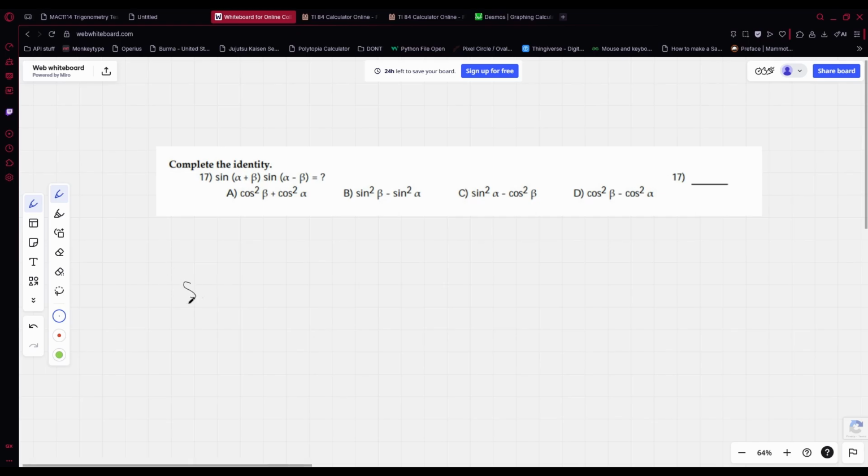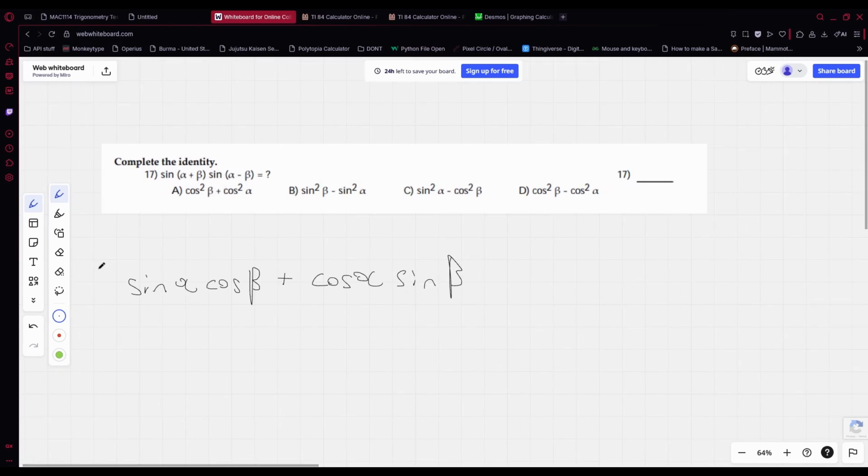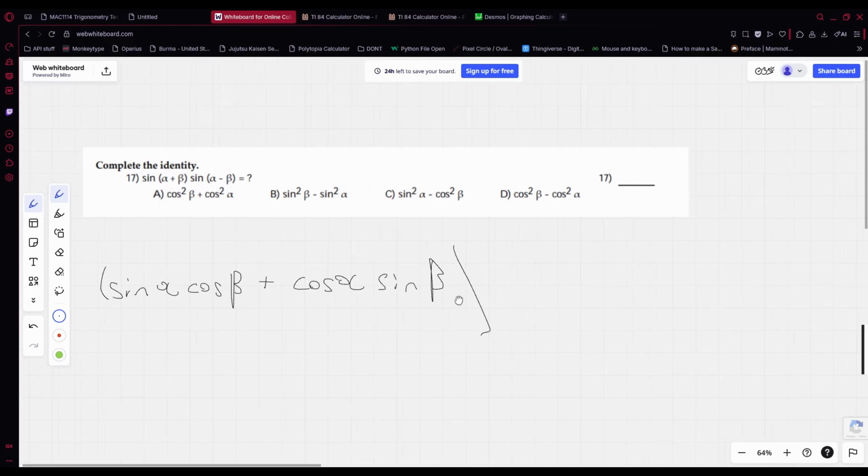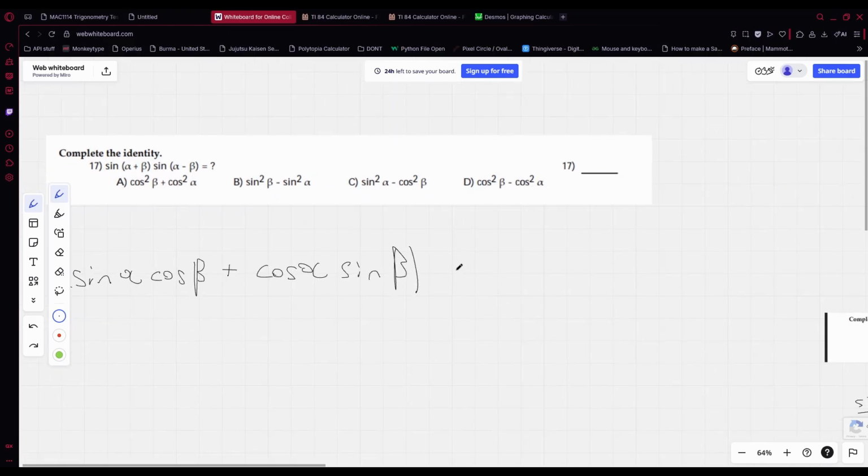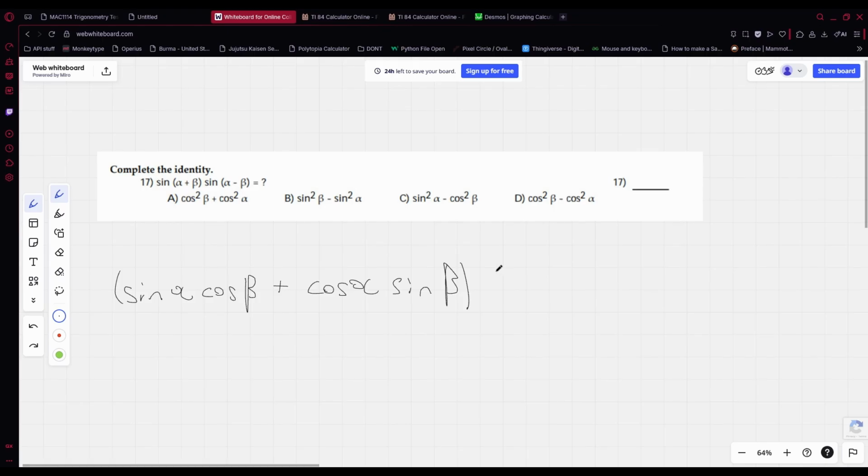Okay, so we get sine alpha cosine beta plus cosine alpha sine beta, multiplied by the same thing except with a negative sign in the middle.